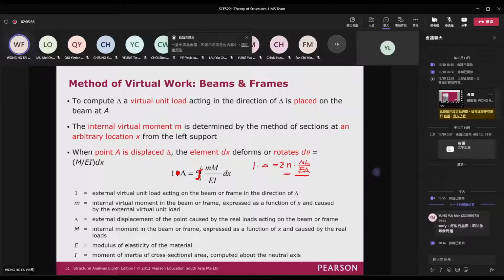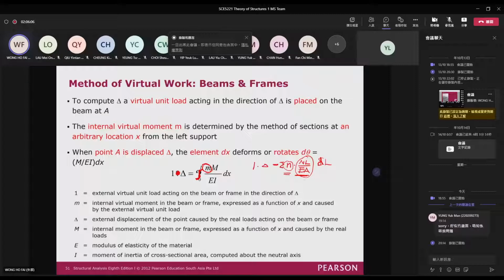By a similar method, for the beam, we will have the m here. This is the internal force in the member, and this is the virtual moment in the beam. And then this is the deformation, delta L, which is dL.